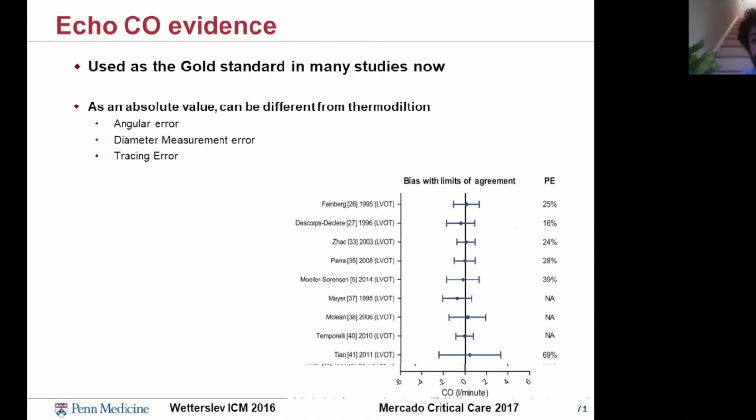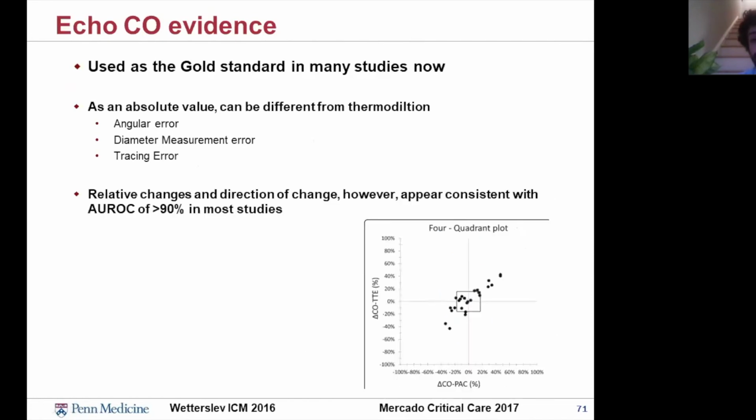So the way that I think about this has to do with, instead of thinking about it as a single measurement, which is very different depending on angular error, if you're not getting a perfect angle of the apical 5-chamber view, whether you don't have a perfect measurement of the left ventricular outflow tract, if you have an error tracing your volume time integral, I think about it as relative change.